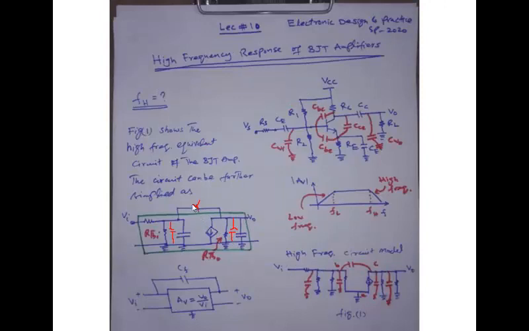So the effect from the output port would be a capacitance Cm naught in parallel with this capacitance. So effectively these two also become parallel. As a result, the total output capacitance would be equal to Cm naught plus CCE plus CW naught.